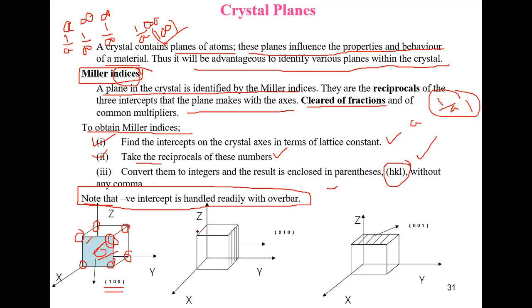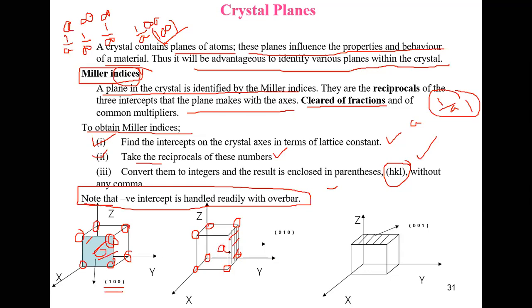Similarly, let's find the Miller indices of this shaded plane. Suppose this is a simple cubic crystal, so atoms will be located at the corner. For this plane, again, you can find the intercepts on the crystallographic axis. Now, look at this plane. This plane is parallel to the x-axis and also parallel to the z-axis. That means the intercepts on the x and z-axis will be infinity. How about the intercept on y? You have an intercept on the y-axis of one lattice constant.